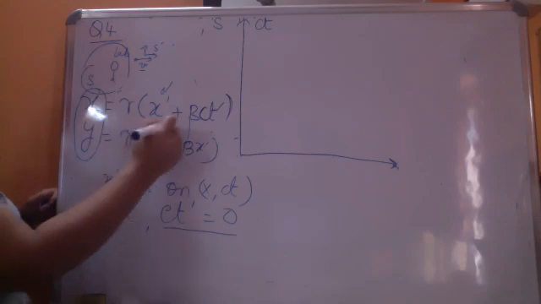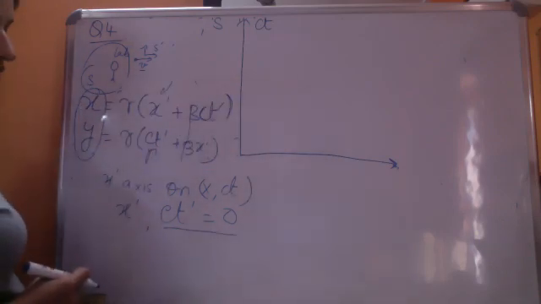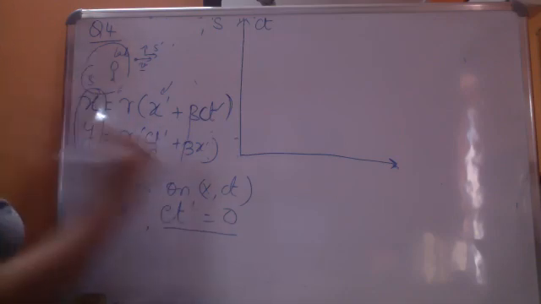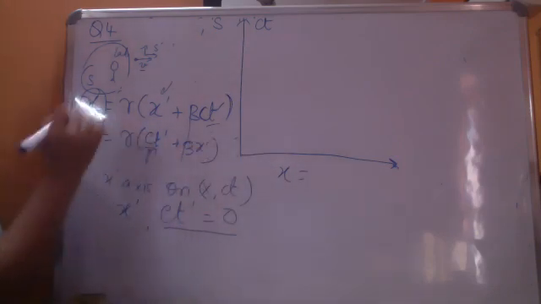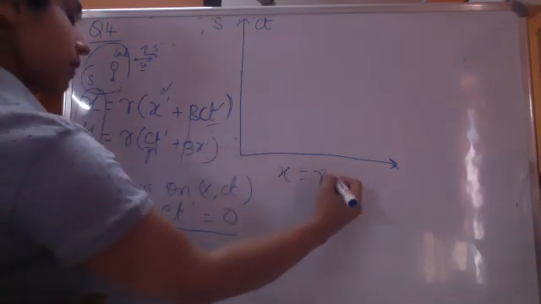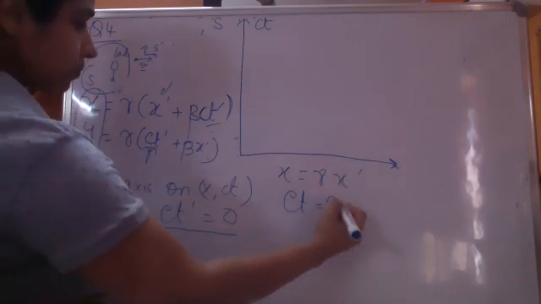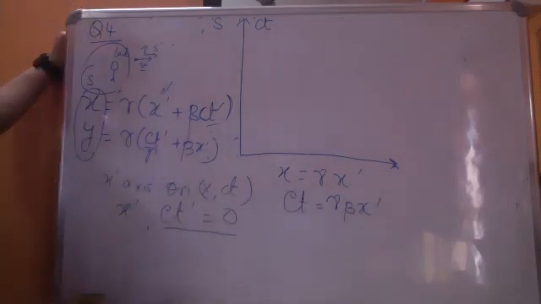Then how is X prime related to X and CT, so that I can draw X prime on this coordinate system? If I put CT prime equal to 0 in this, it's going to give me gamma X prime, and CT equals gamma beta X prime.